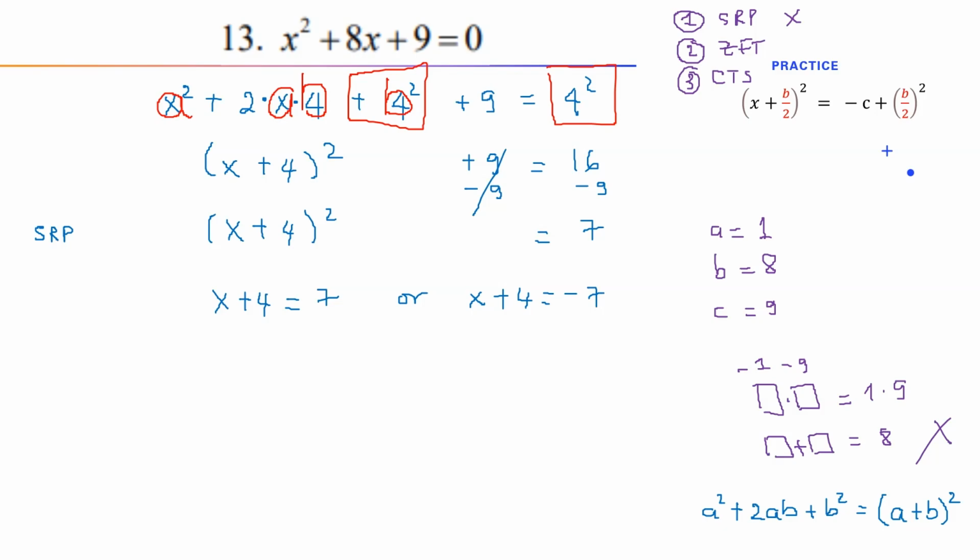Remember, x squared equals a, x equals square root, right? Yeah, square root. Don't forget about that. We square root both sides, so make sure that the square root is here.